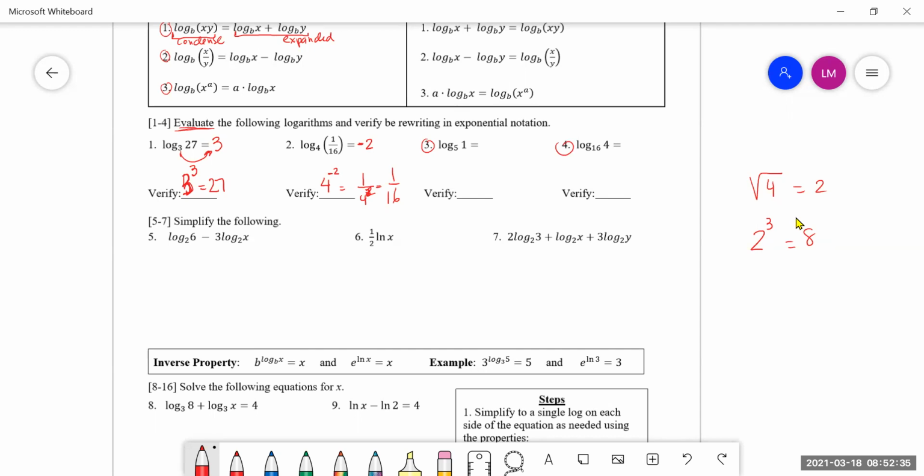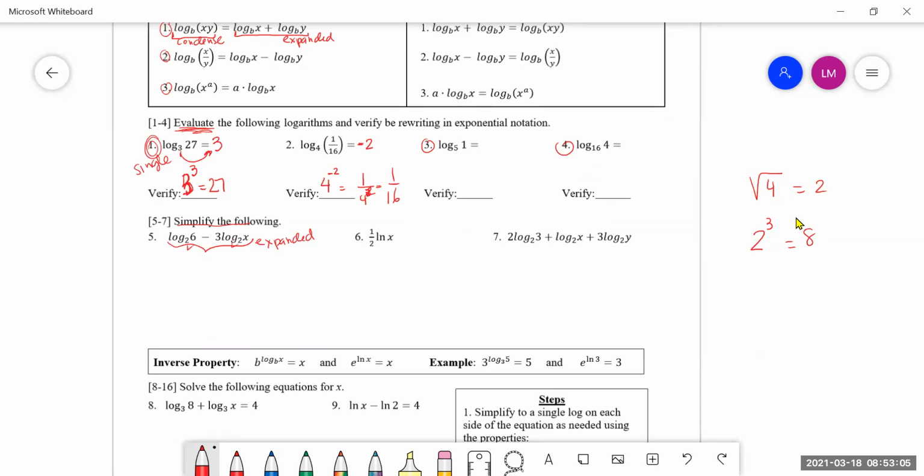And let's do a couple using the laws or properties of logarithms. Simplify. Well, there are 2 of them. I need to understand that this is in an expanded form, and I can evaluate when it's a single logarithm. We like the single logarithms because we can evaluate. So I have to use the laws or properties of logarithms to turn this into a single logarithm.